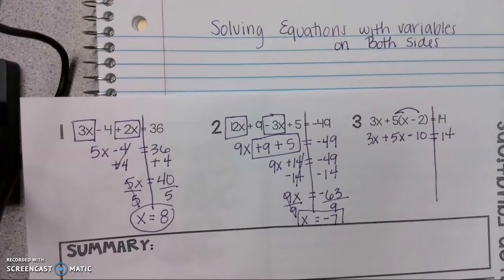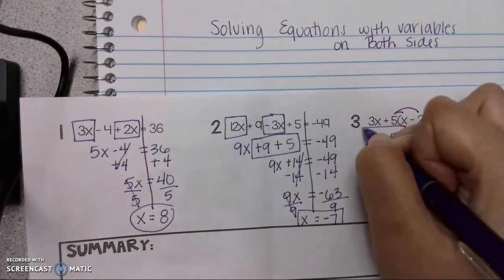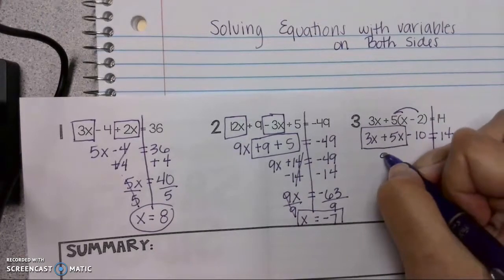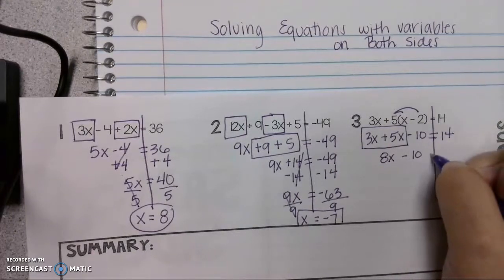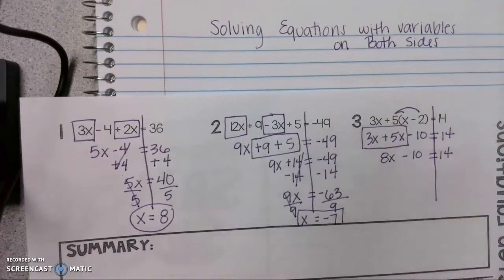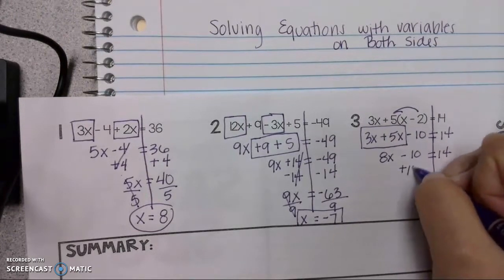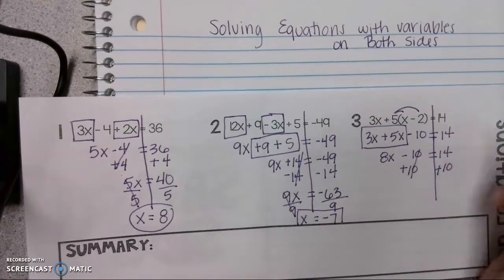Now I always want to look for like terms first. In this case, I have 3x plus 5x. 3x plus 5x is 8x. And I didn't change anything else, I just bring it down. Minus 10 is equal to 14. From here, I need to get 8x by itself, so I do the opposite of subtracting 10, which is adding 10.